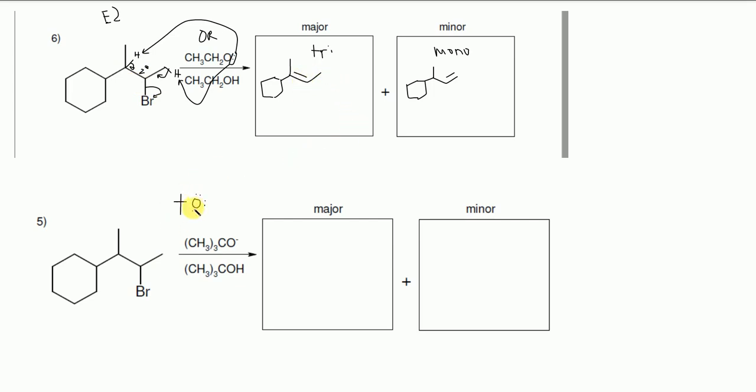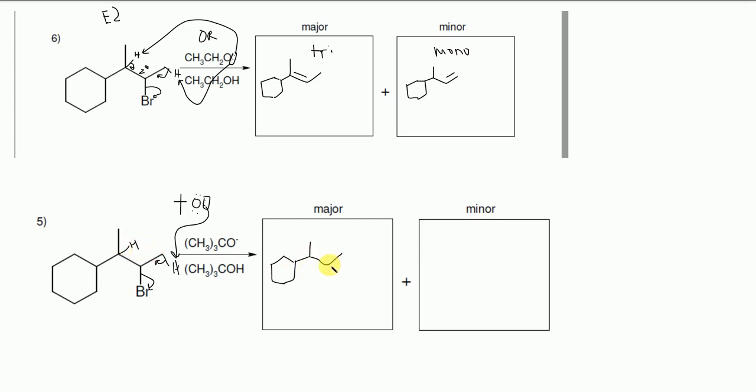So because this is bulky, this is going to come and actually form the major product with the least substituted hydrogen, right? So the bulky base is always going to take the least substituted hydrogen as the major product. And that's because there's less steric hindrance, and it would be much faster for that to occur there, right? So this is going to have a faster rate of production than the more substituted hydrogen right here.